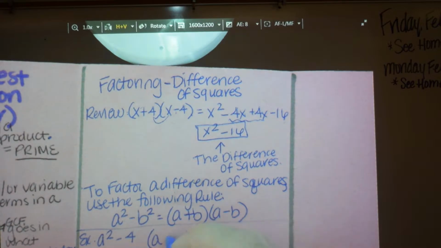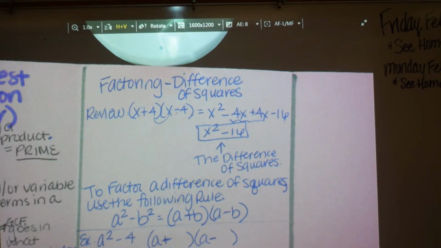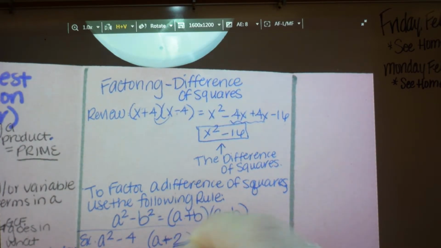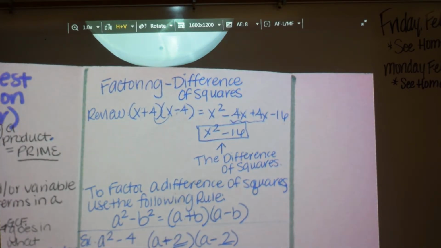And we know one of them is a plus and one is a subtraction sign based on our rule. And now we have to figure out a number that when multiplied together gives us 4. Because it's a perfect square, we know that the square root of 4 is 2. So we can plug that number in. Okay, that is our factored difference of squares. If we were to FOIL it back, we would see that it equals a squared minus 4. Okay?